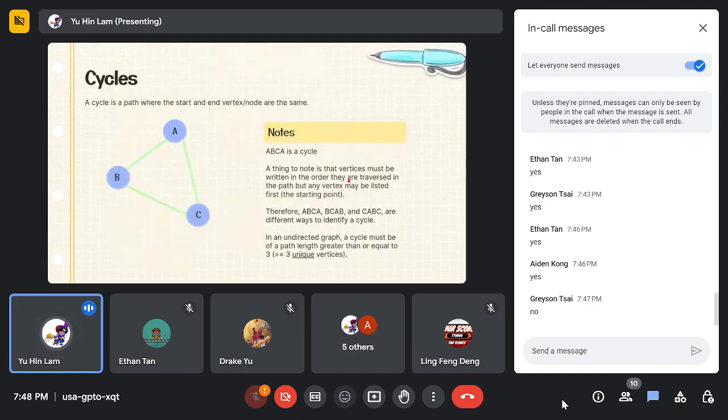So there's also a path called a cycle. A cycle path is where our starting point and our ending point are the same.